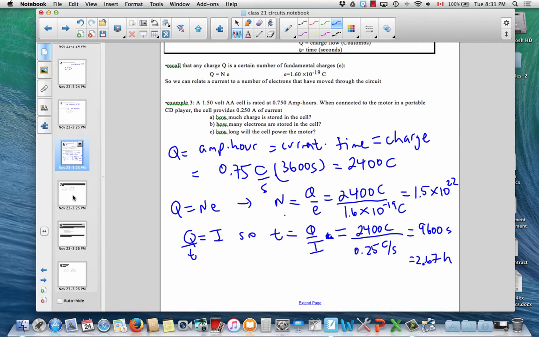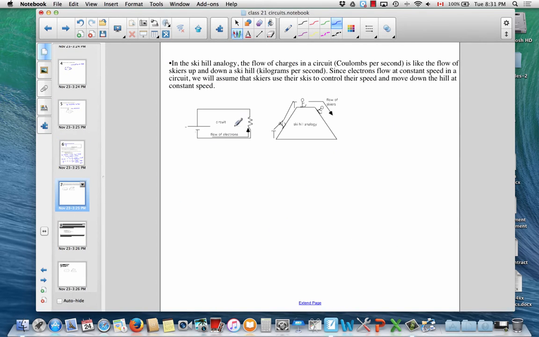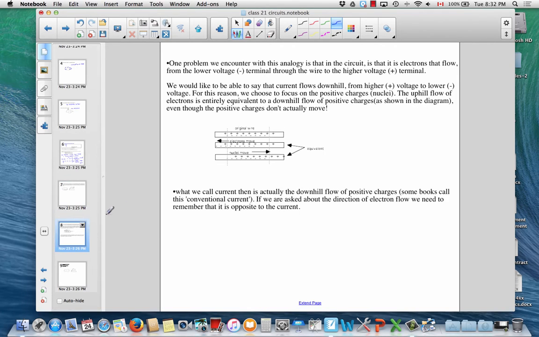Now, we said that an electric circuit was like a ski hill, and here charges gain energy and flow around the circuit. Here skiers gain energy and then flow down the hill and then get back on the chairlift again and again. But there's a small problem with that analogy: the electrons actually flow uphill, from lower to higher, and most things in physics flow downhill.